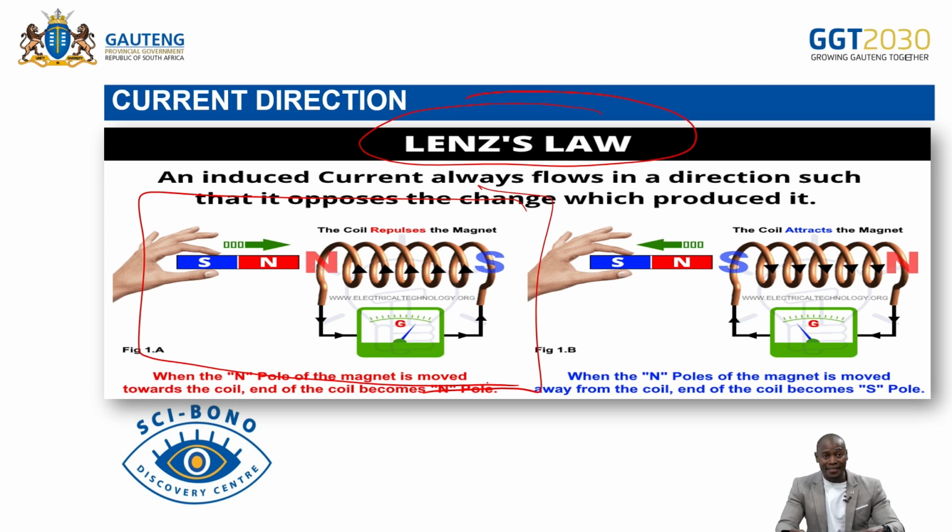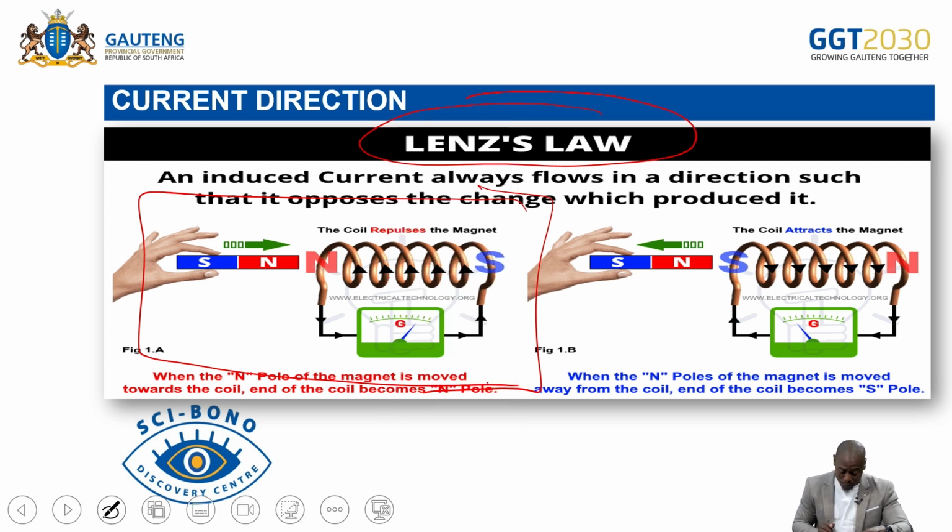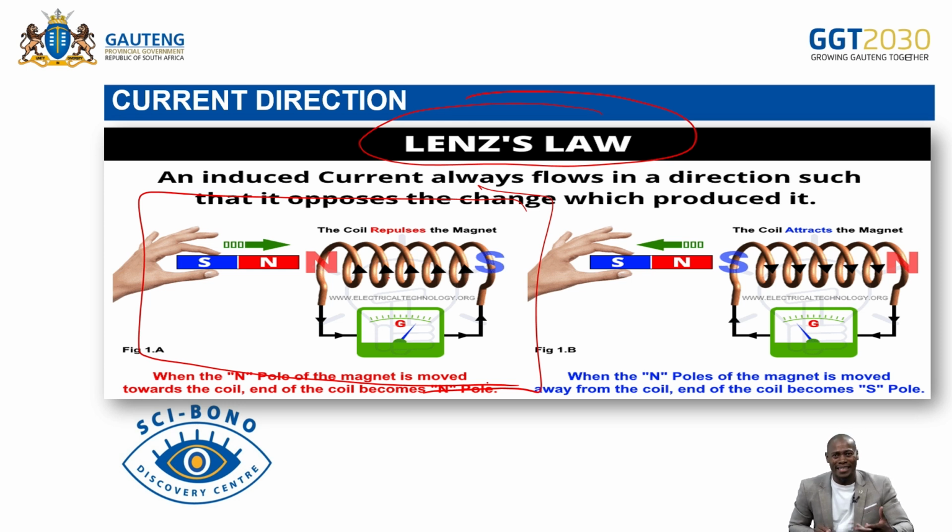Okay, so what is happening in this diagram? In this diagram, this person is pushing this magnet towards the solenoid, right? So if the magnet is pushed towards this solenoid, obviously current will be induced. But now what is going to happen to the direction of the current that is induced?